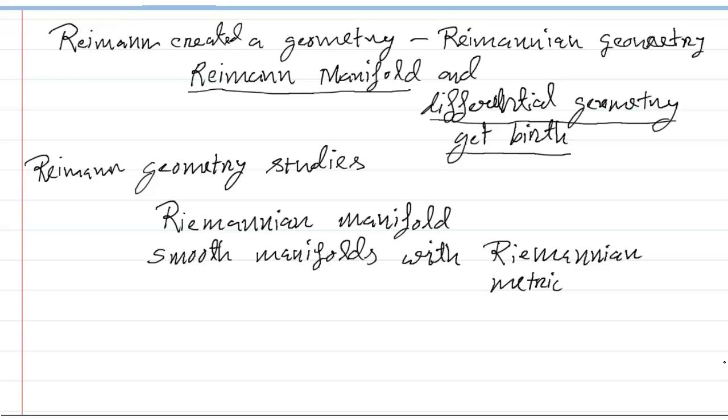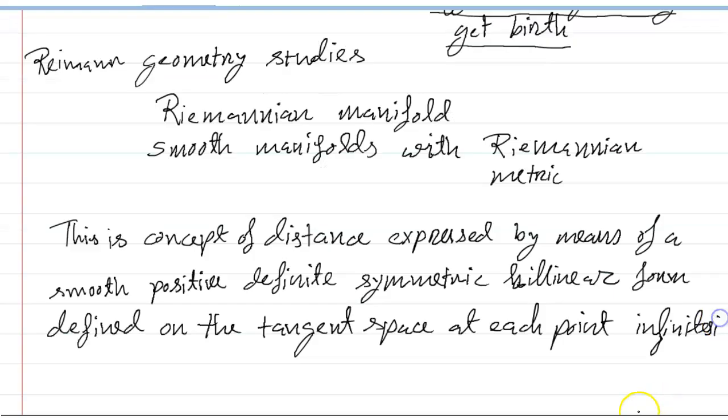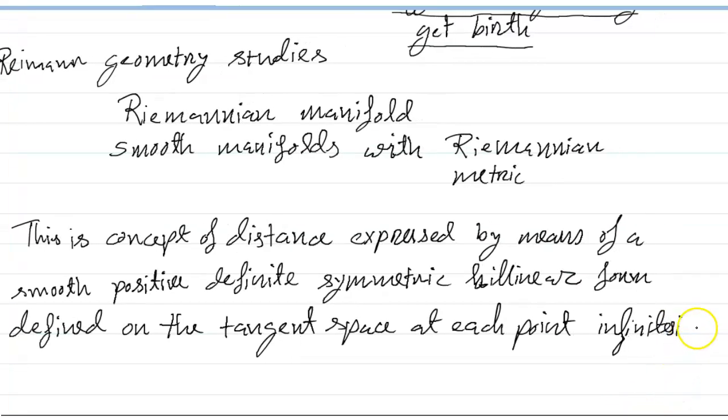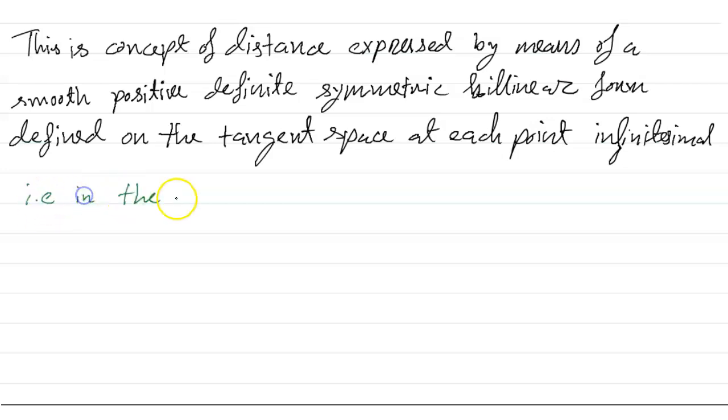This is a concept of distance expressed by means of a smooth positive definite symmetric bilinear form defined on the tangent space at each point, infinitesimally, that is, in the first order of approximation.